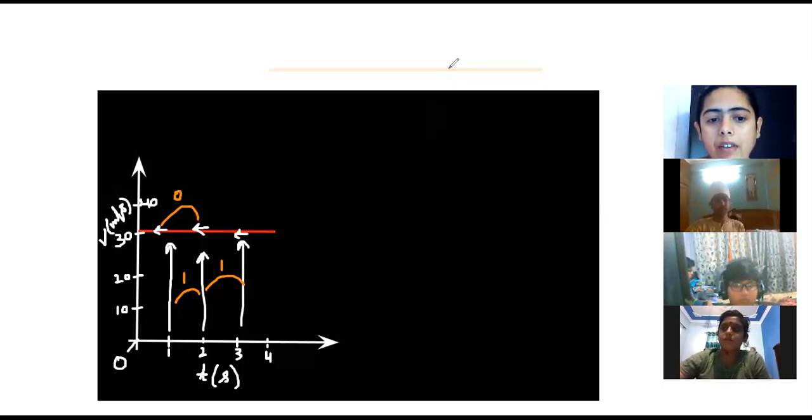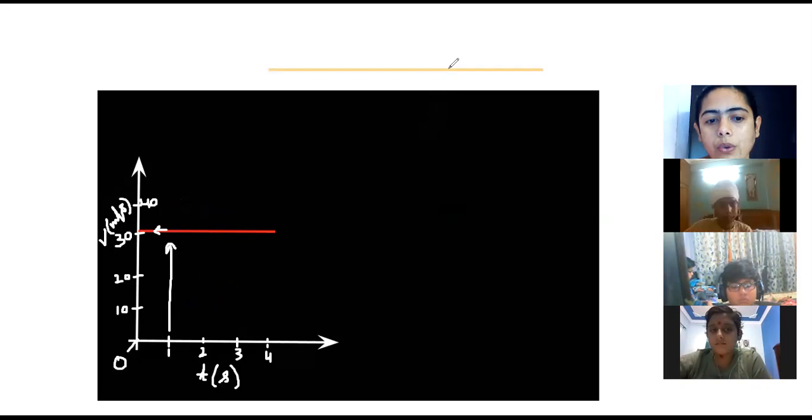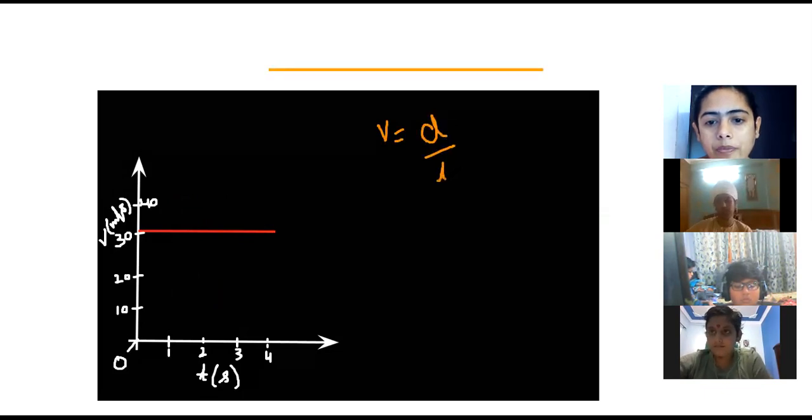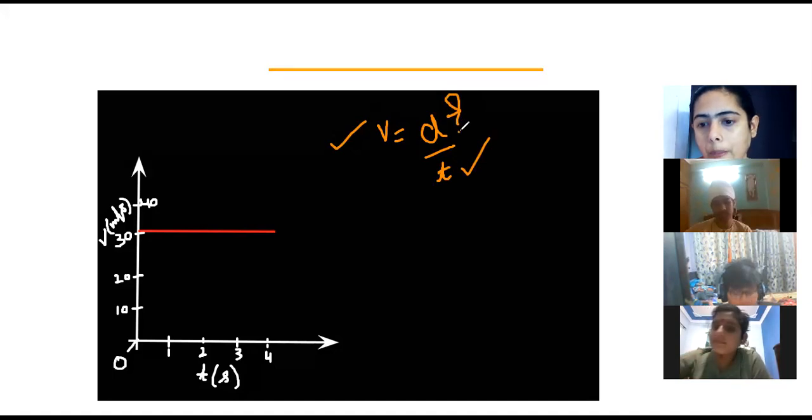Second thing we have covered under this is that in case of velocity time graph, if you are told to find out the displacement, how can we do that? You know that velocity is equal to displacement over time. So if time is given and velocity is given, we are able to find out the displacement.